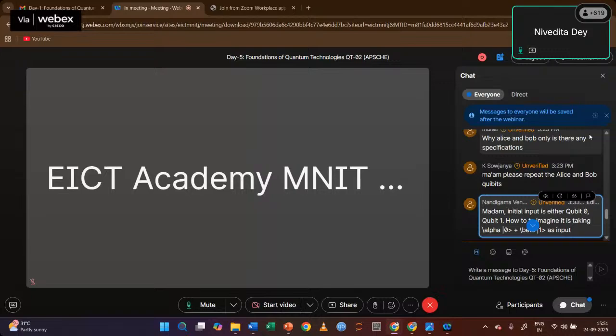Qubit number two is with Alice, and qubit number three is the only one we are keeping with Bob. So in short, qubits 1 and 2 are what Alice has, and qubit 3 is what Bob has. Okay?